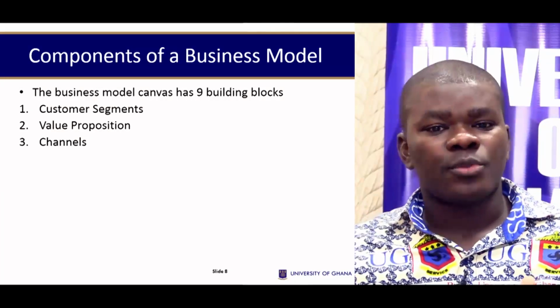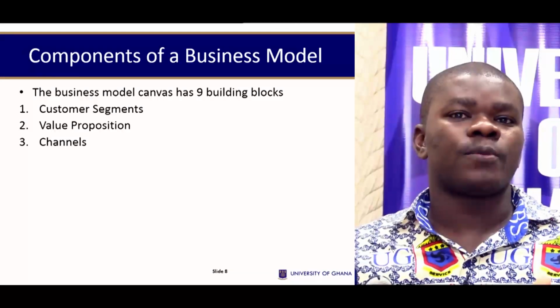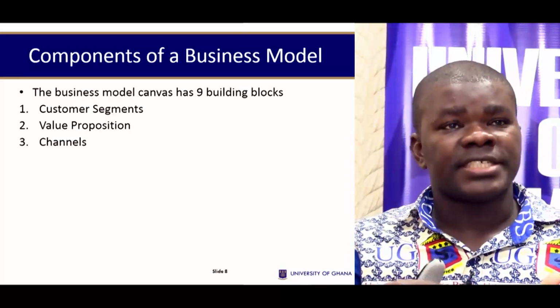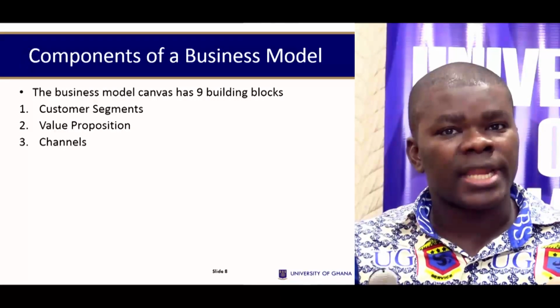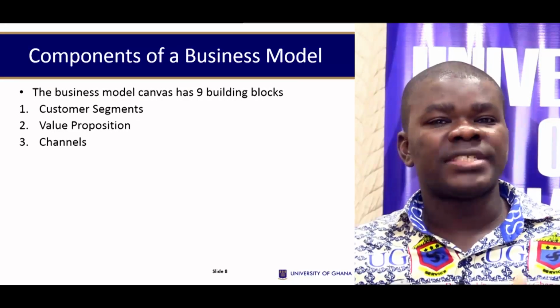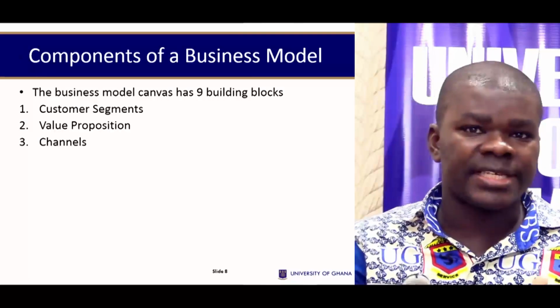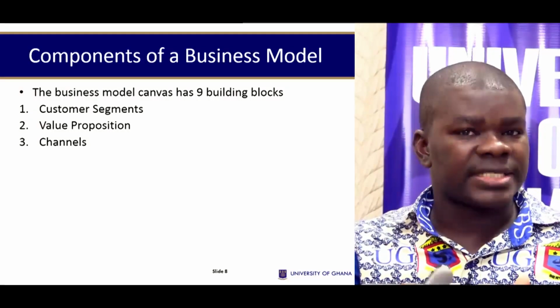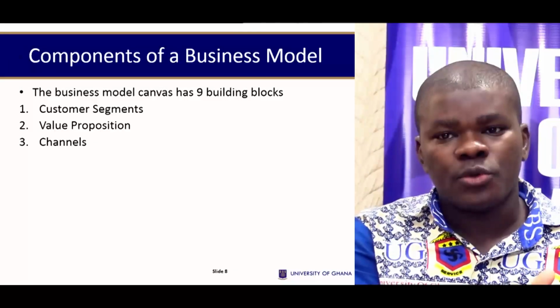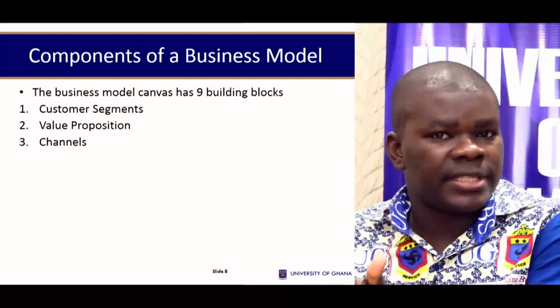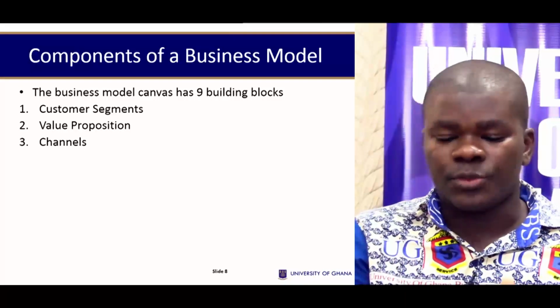So in terms of the channels, you might want to sell it in a shop, you might want to sell it online, you might want to use distributors, you might want to use retailers, or you might want to just do personal selling yourself. So how do you get the product or the service that you are having to the customers? That's what your channel speaks about.